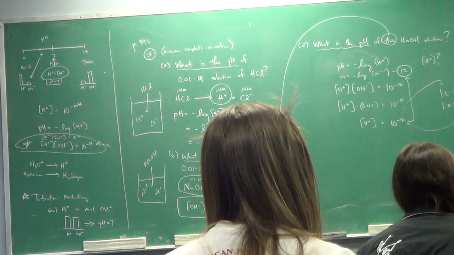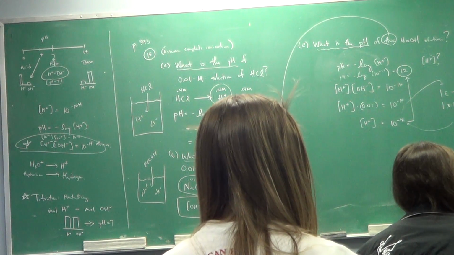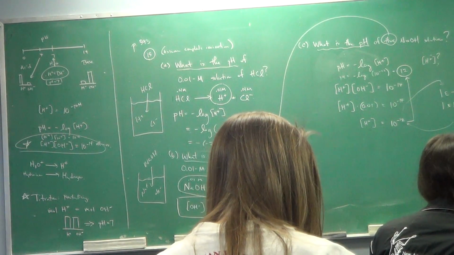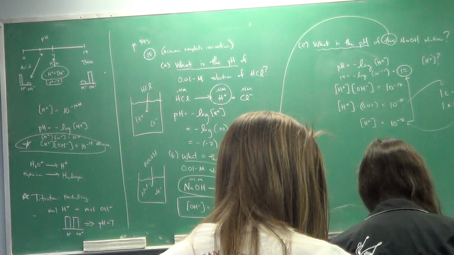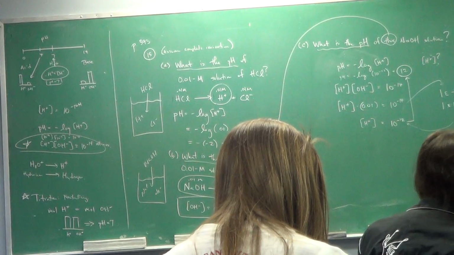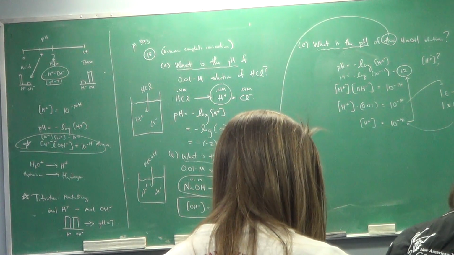Well, if you know the OH, you can find the H using this equation. So the hydrogen ion concentration times 1e negative 6 equals 1e negative 14.